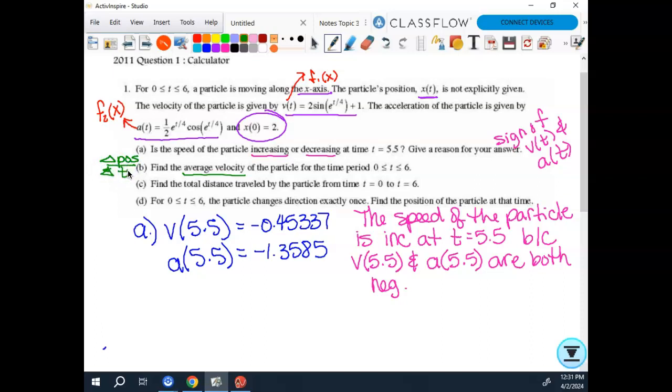So if I had the position function, I could substitute in 0 and 6 and figure out what that is and do the slope, but I don't have that. Since I don't have that, to find the average velocity, I'm going to do 1 over b minus a times the integral from a to b of v of t dt. Average velocity, okay?